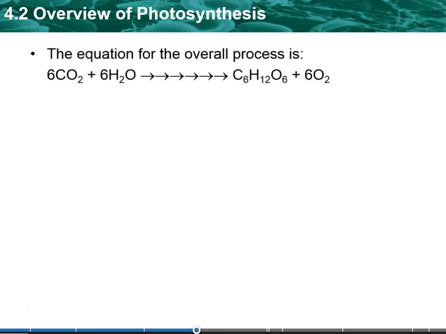So right here is the equation for the overall process of photosynthesis. It's 6 carbon dioxide plus 6 water molecules, and then we could really write light over this arrow.